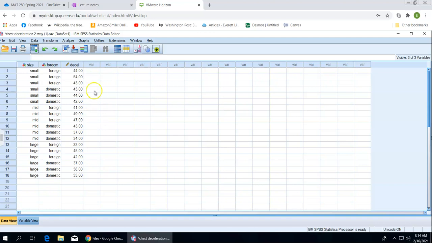So we've got data on different kinds of cars and how they perform in basically crash tests. Chest deceleration is a measure of basically how much force is exerted on your chest when you stop all of a sudden.